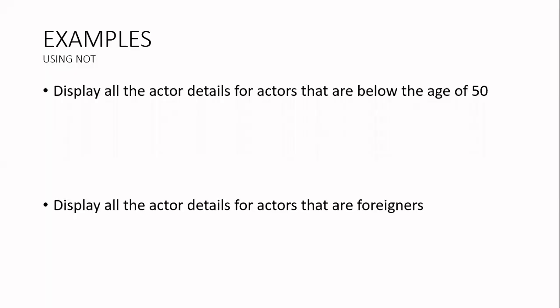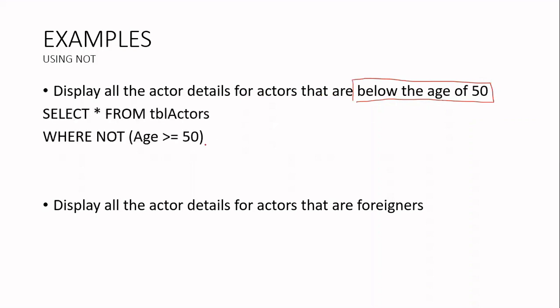Let's look at how you make use of the not operator. So here in this example, we want to display actor details for actors that are below the age of 50. So that is our restriction, below the age of 50. If I look at this particular restriction, the age is greater than or equal to 50, not age greater than or equal to 50 will be the opposite, where we have age less than 50.